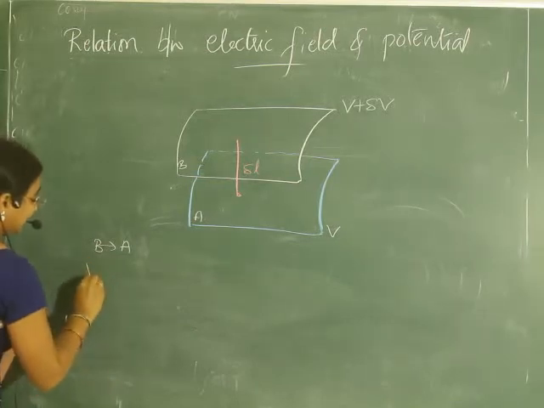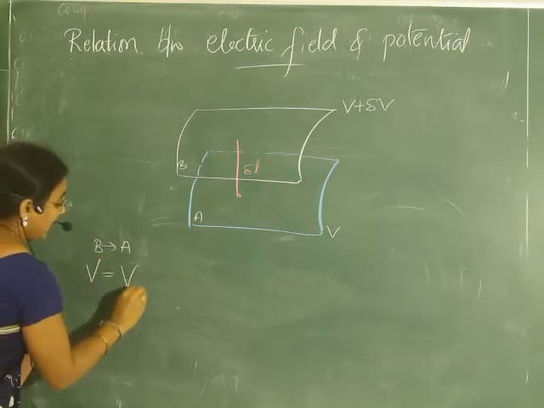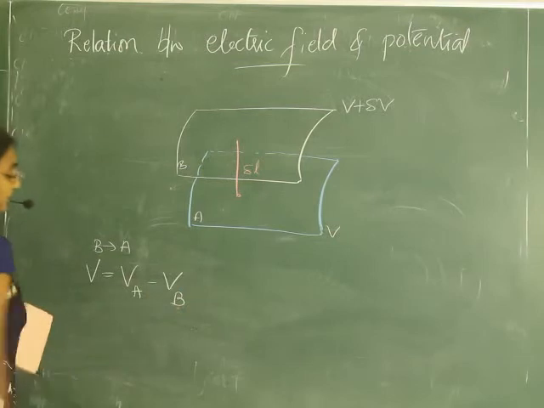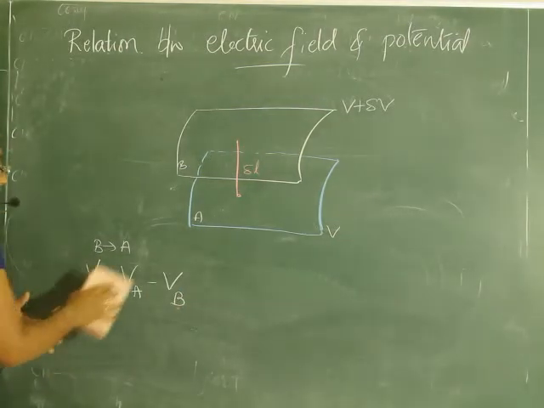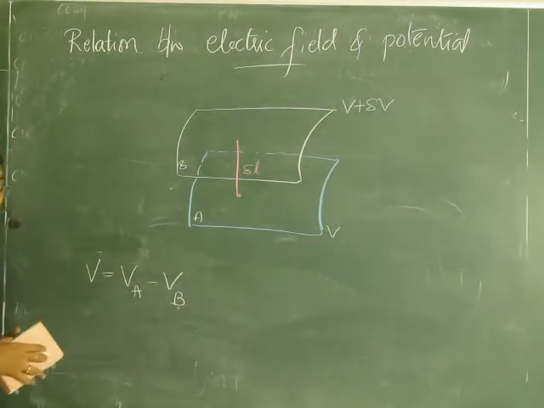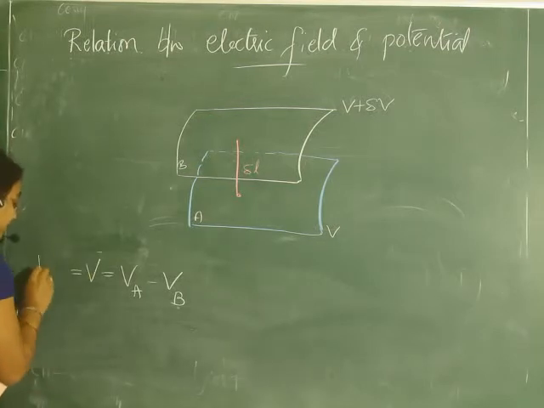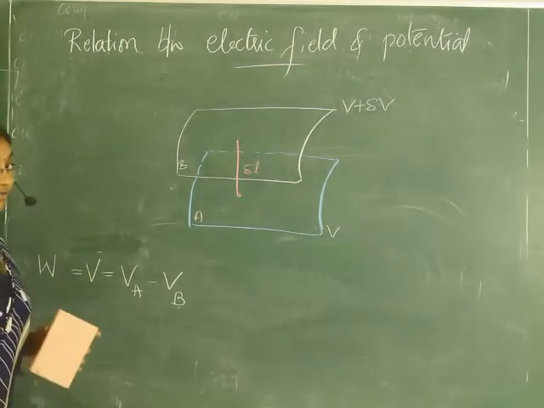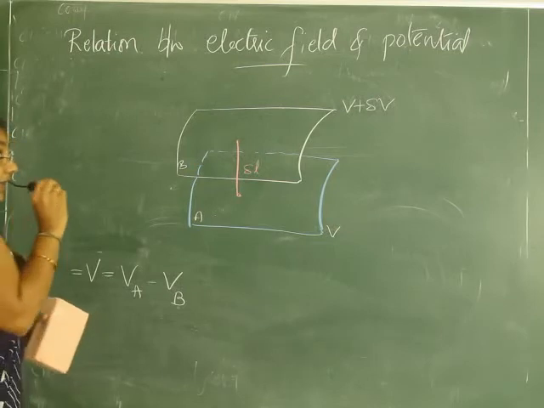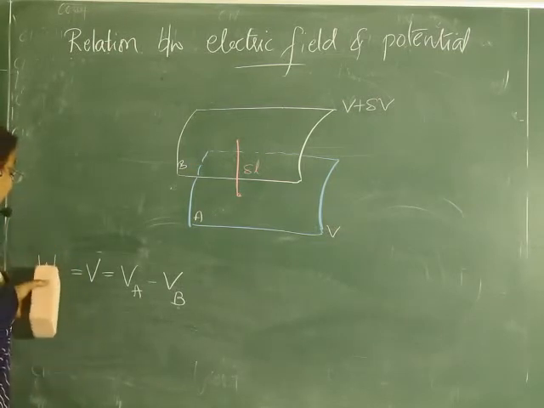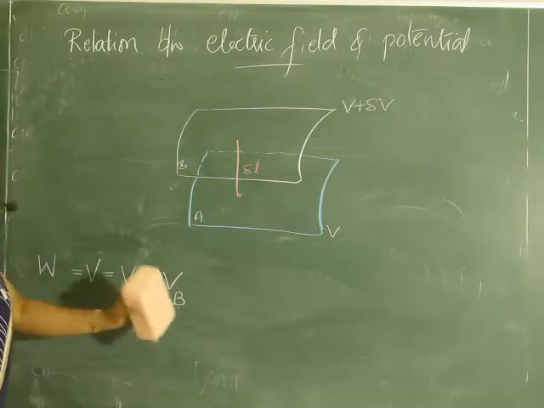Therefore, the potential difference is VA minus VB. This potential difference is nothing but work done, correct? In the beginning of this chapter, we saw that work done is nothing but change in potential.